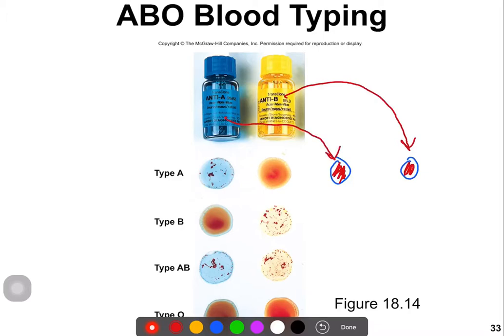As I said before, you have the antigens on the outside of the cell, and it's like a lock and a key. If the antibody happens to fit that antigen, then cells will start to clump together. So we'll get a clumping or an agglutination.